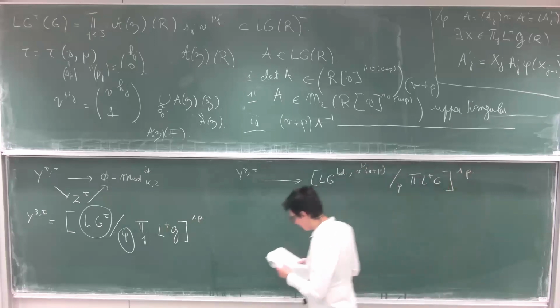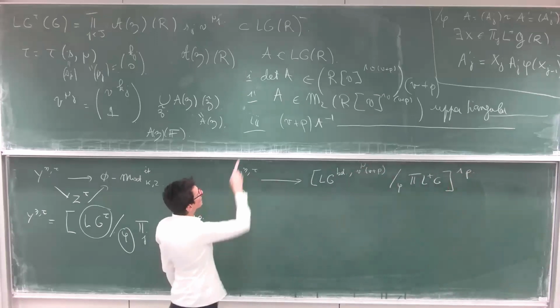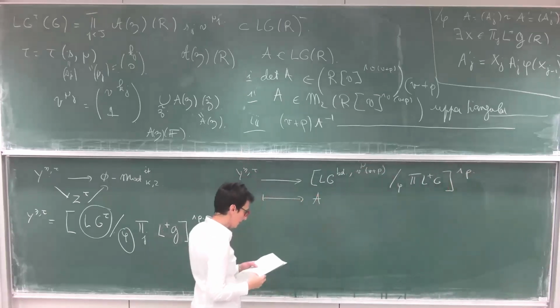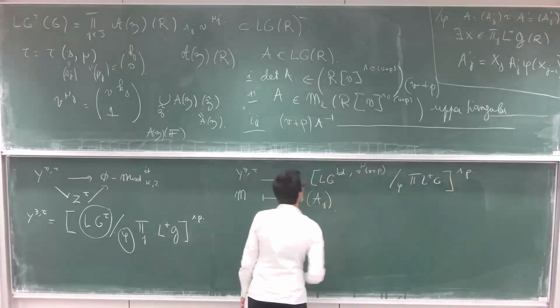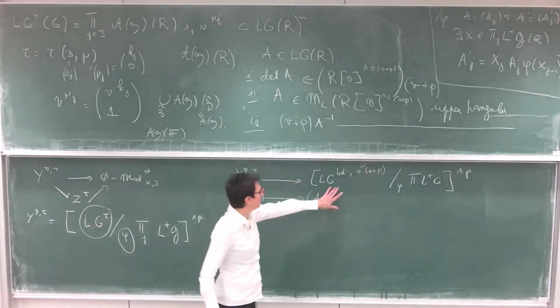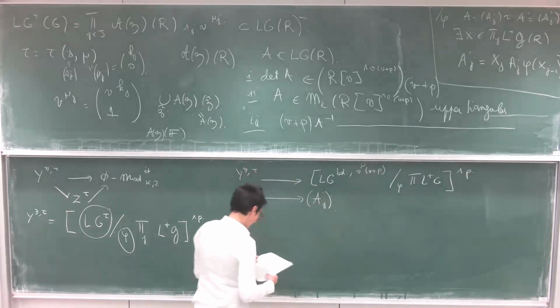So I will do that like this. As I told you, you take a Barsotti-Tate module, which is described by such matrices, and you send it to nice matrices. So I have to tell you where I am here.